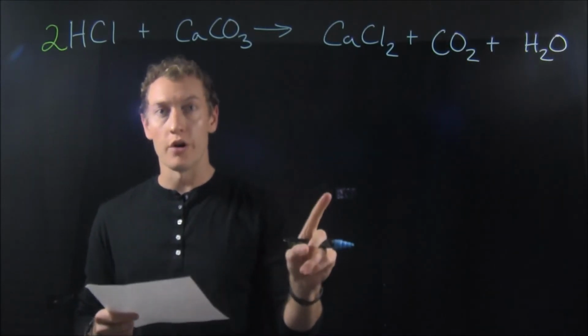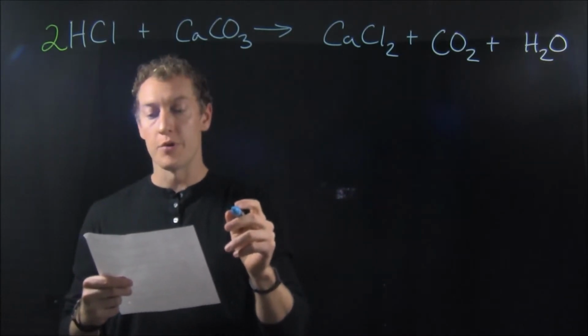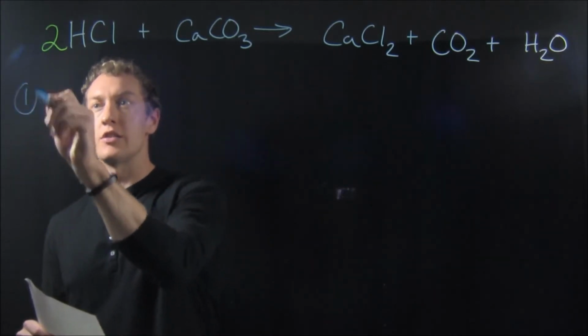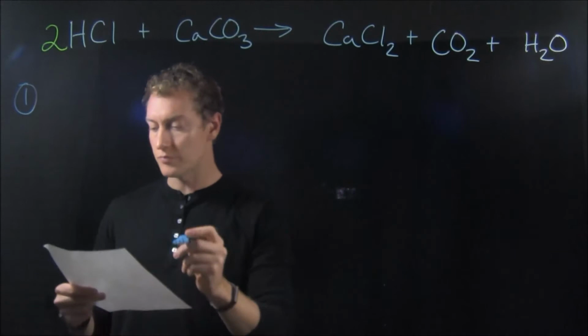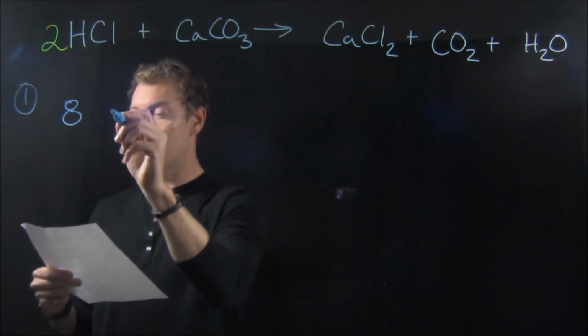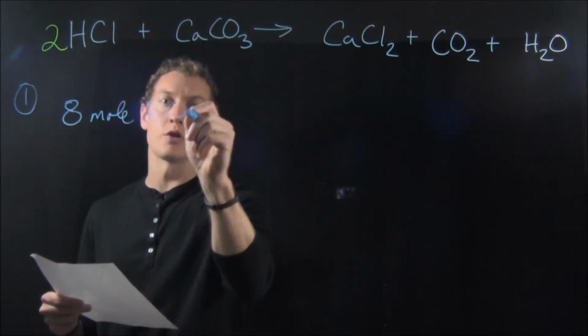Lecture example number 1 says how many moles of water can be produced from 8 moles of HCl. So that's lecture example number 1. The given information is that you're working with 8 moles of hydrochloric acid.